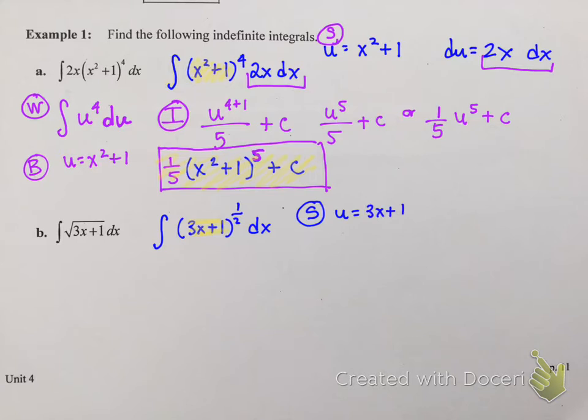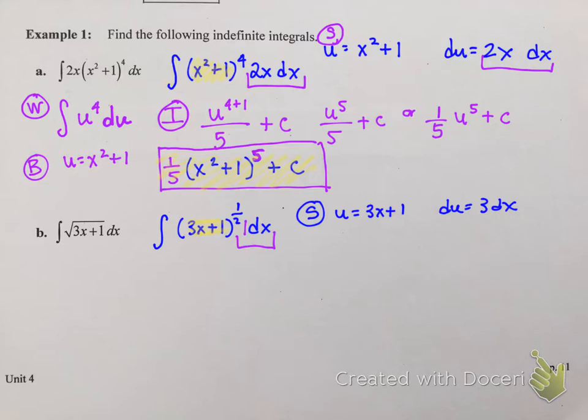Once again, remember you have to take the derivative of both sides. So I take the derivative of u, it's du, and if I take the derivative of 3x, it's 3 dx. So does that match my leftover? Remember my leftover is 1 dx. And we can see it doesn't.